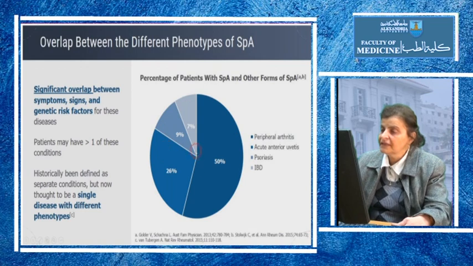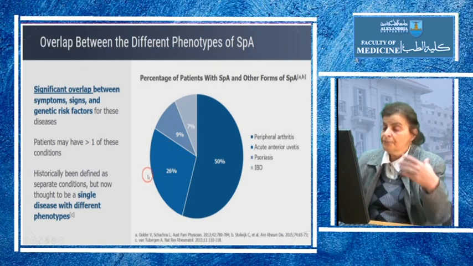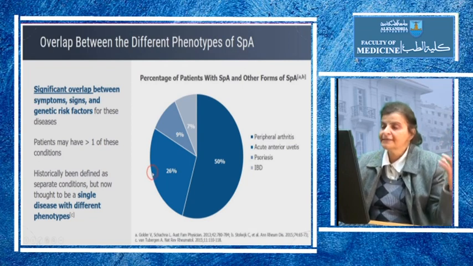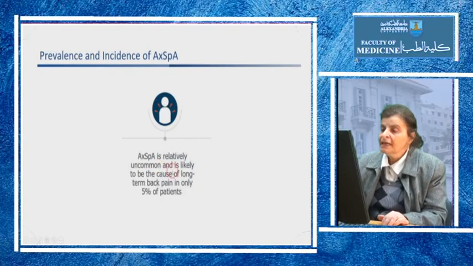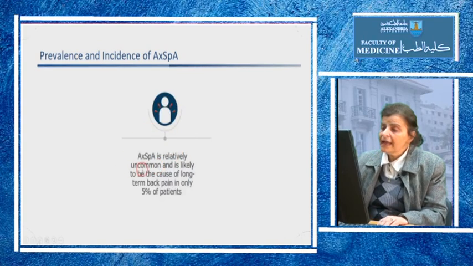You don't have to know the particular percentages, but you do know that previously we thought it was just one single disease, but now we know that it may be one disease with very different phenotypes, different presentations.